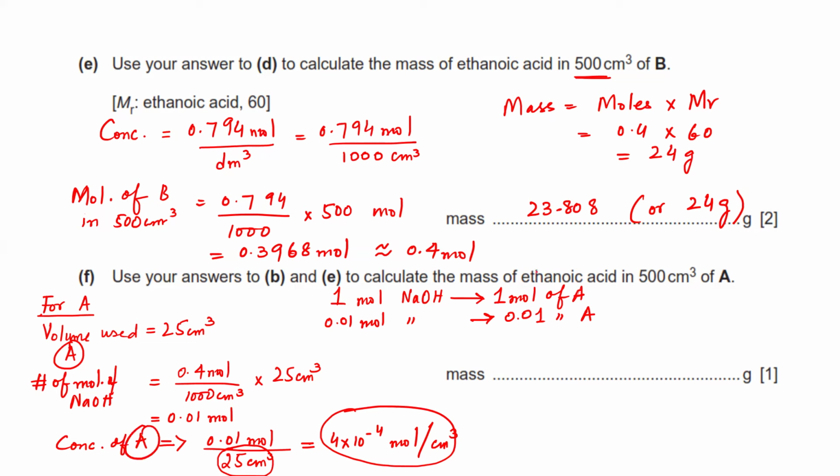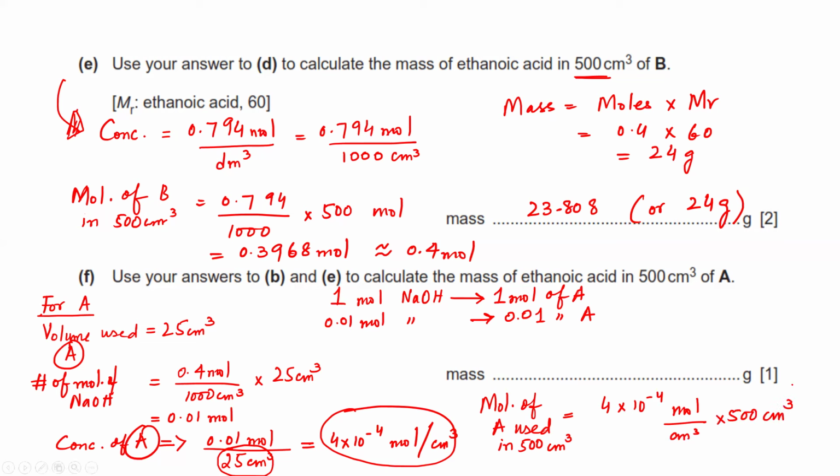So now we have found out the concentration, which we have used earlier in this part. So that is the moles of A used. Number of moles of A used in 500 centimeter cube: we have concentration 4 times 10 power minus 4 moles per centimeter cube multiplied by 500 centimeter cube.